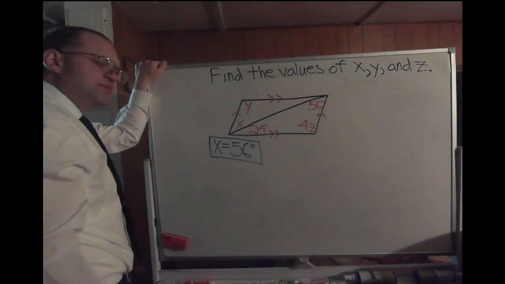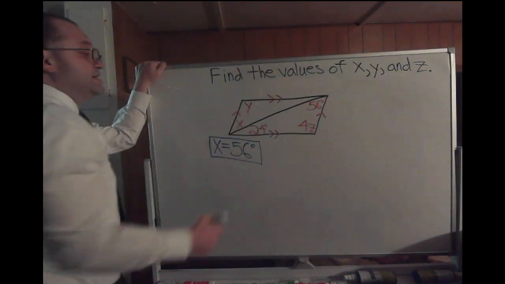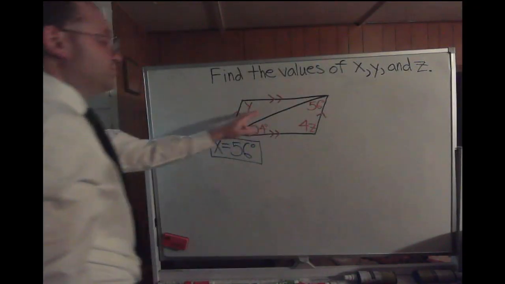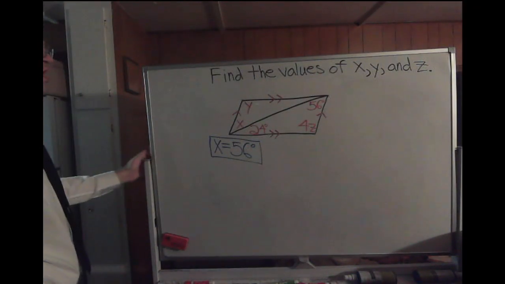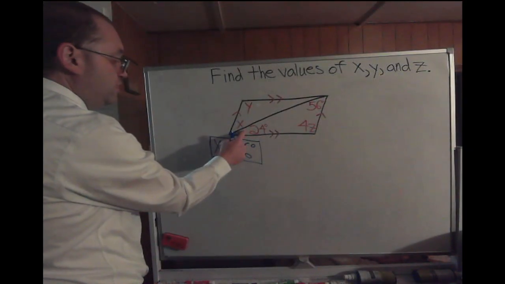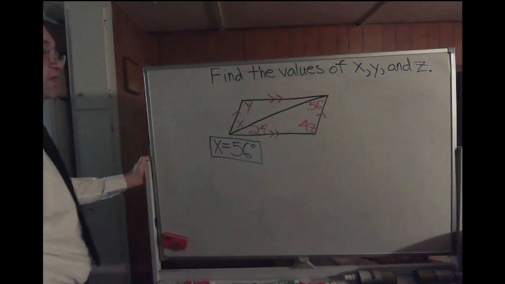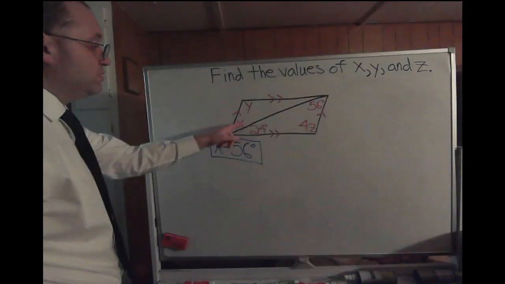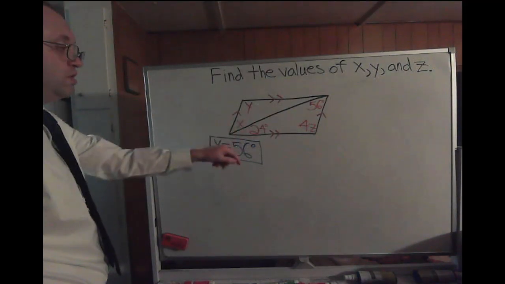Not congruent, I'm sorry, they're supplementary. Same side interior angles are supplementary, are they not? Well, angle y would be supplementary to this whole angle here of x plus 24. Not just x, it's going to be supplemental to the whole of x plus 24.